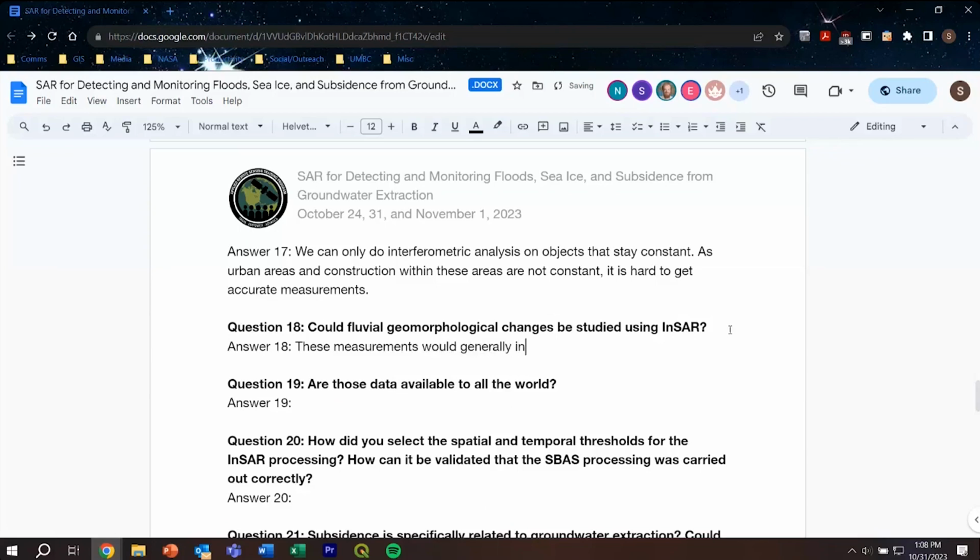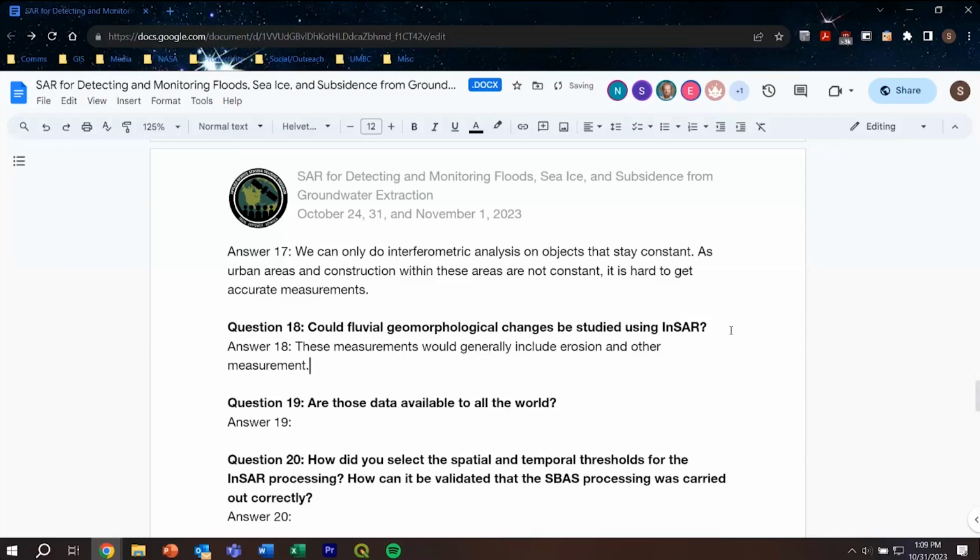It'll cause a loss of coherence. You could detect where these fluvial changes have occurred, but we can't measure the amount of change except by using the topographic mode of InSAR, such as with TanDEM-X.